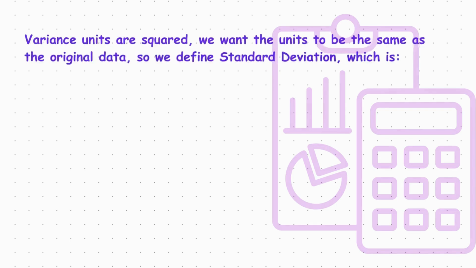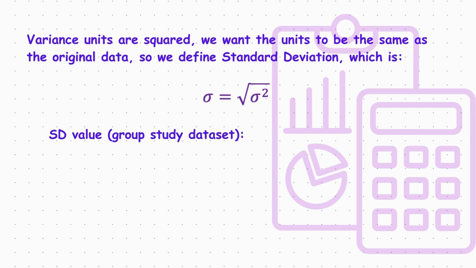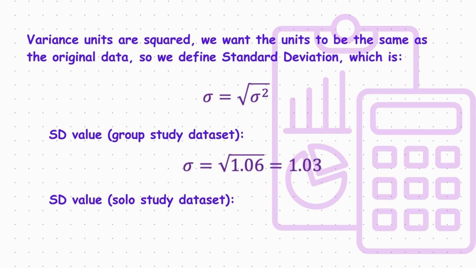Therefore, the variance units are squared. However, we want the units to be the same as the original data. So we define standard deviation, which is simply the square root of the variance. Therefore, the standard deviation value for the group study dataset would be, and the standard deviation value for the solo study dataset would be.